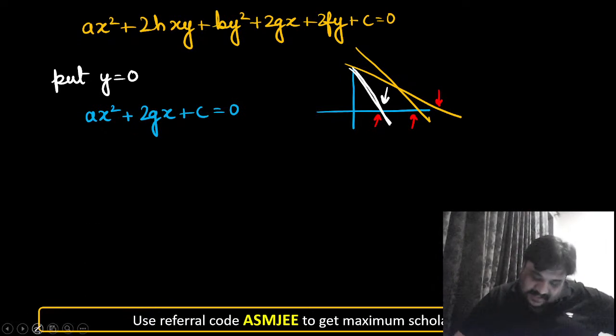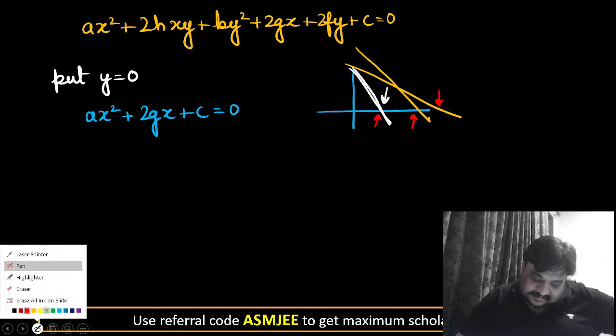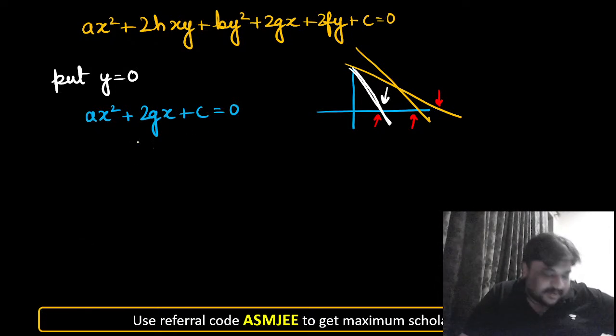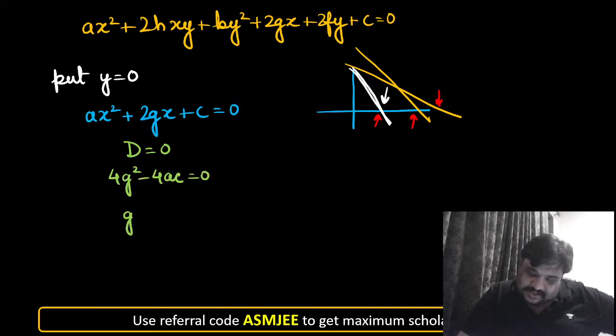So what should happen to this quadratic? D should be 0. So 4g square minus 4ac should be equal to 0. So g square should be equal to ac.